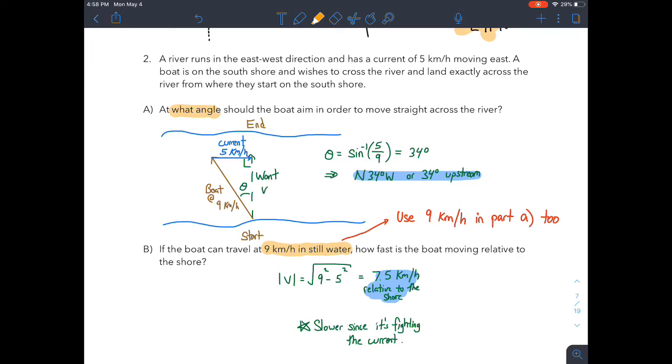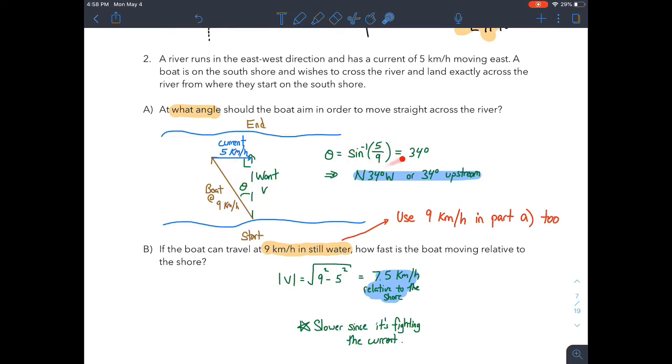Okay, well, this is just a triangle, right? This is just a nice right angle triangle because we're going directly across. We've got a current moving directly east. It's not always going to be right angles, but this north-south line and this east-west current line makes a nice right angle. So in this triangle, just be careful of your trig. We're looking at this angle theta. We're going opposite over hypotenuse.